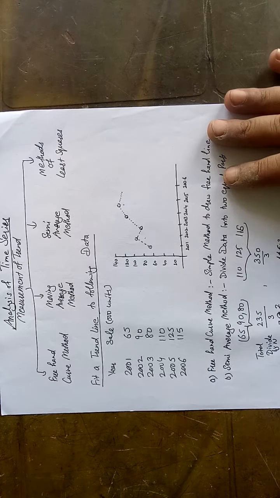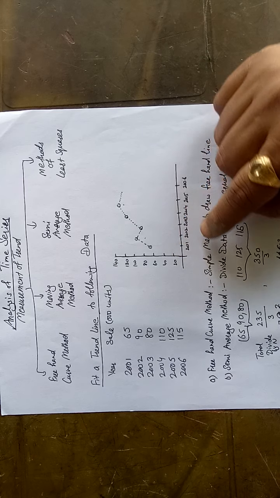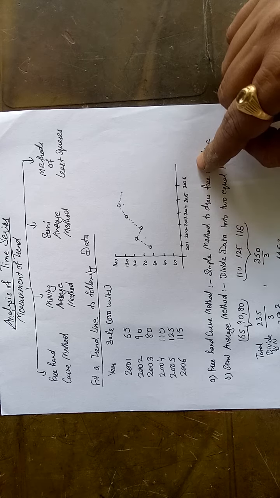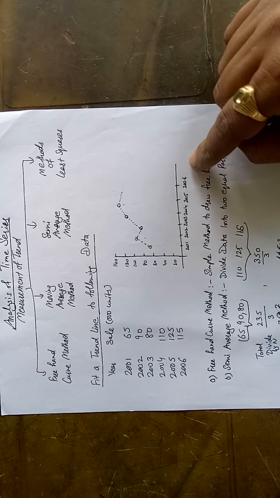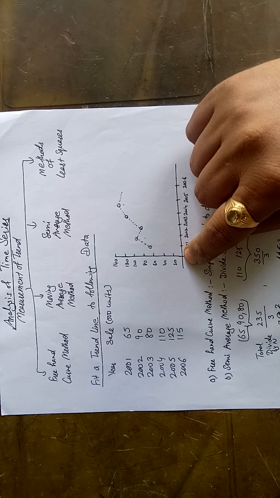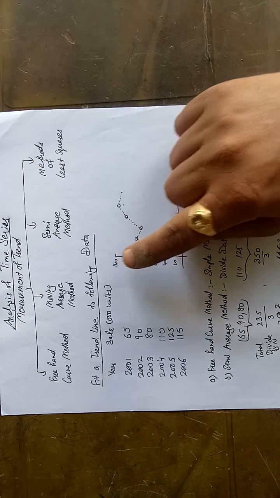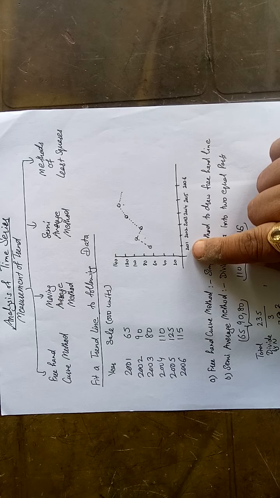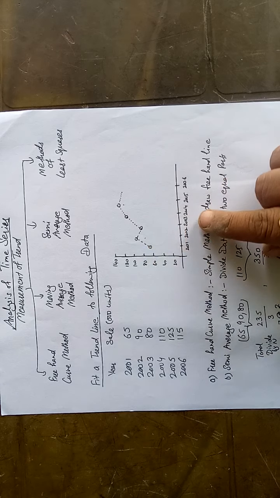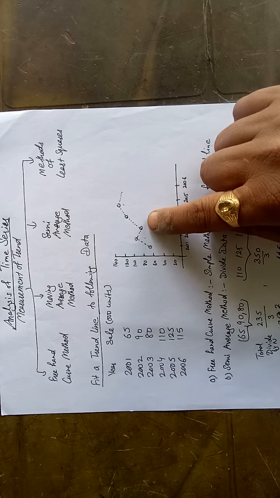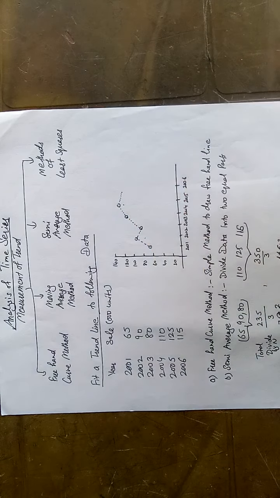If we plot it in a graphical presentation, on the x-axis we write years and on the y-axis units in thousands. So 2001 it was 65, 2002 it was 90, then 2003 it was 80, like that we have plotted it.